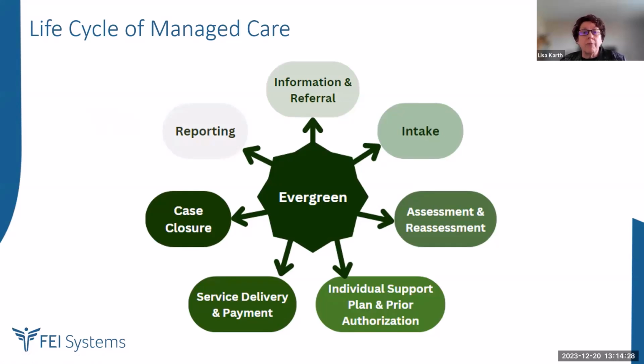And of course, the provider is going to want payment. Well, that provider is going to submit their claims through their regular process. But once it gets paid by MIMS, that utilization information flows into Evergreen and it's tracked in the prior authorization.